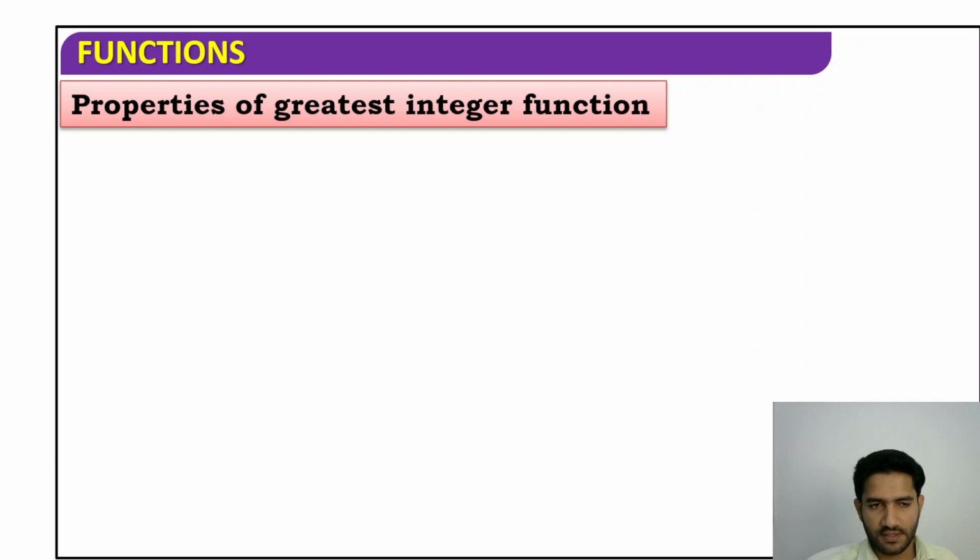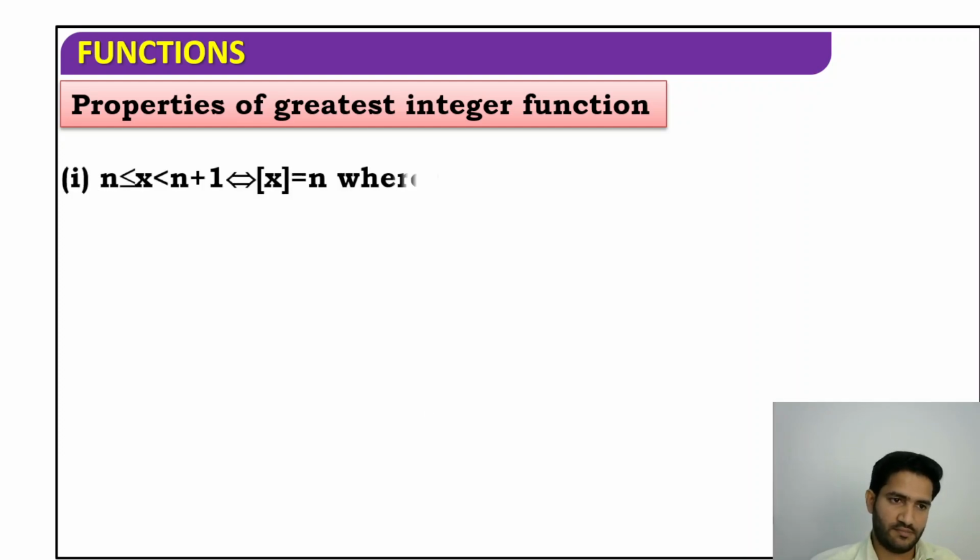Next, we can consider some properties of greatest integer functions. The first property is the definition: if n is less than or equal to x, less than n plus 1, then the greatest integer of x is n, where n belongs to Z, the set of all integers.